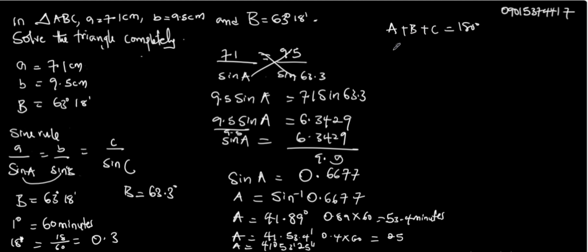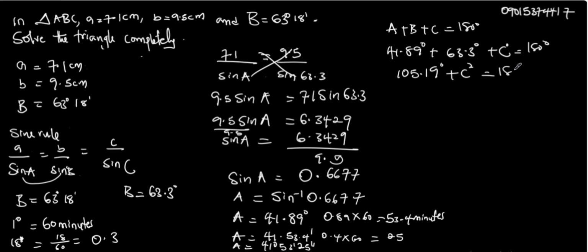We already got angle A to be 41.89 degrees for purpose of calculation, plus angle B, which was given as 63.3 degrees, then plus angle C will give us 180 degrees. So 41.89 plus 63.3 is equal to 105.19 degrees, then plus C degrees equal to 180 degrees.